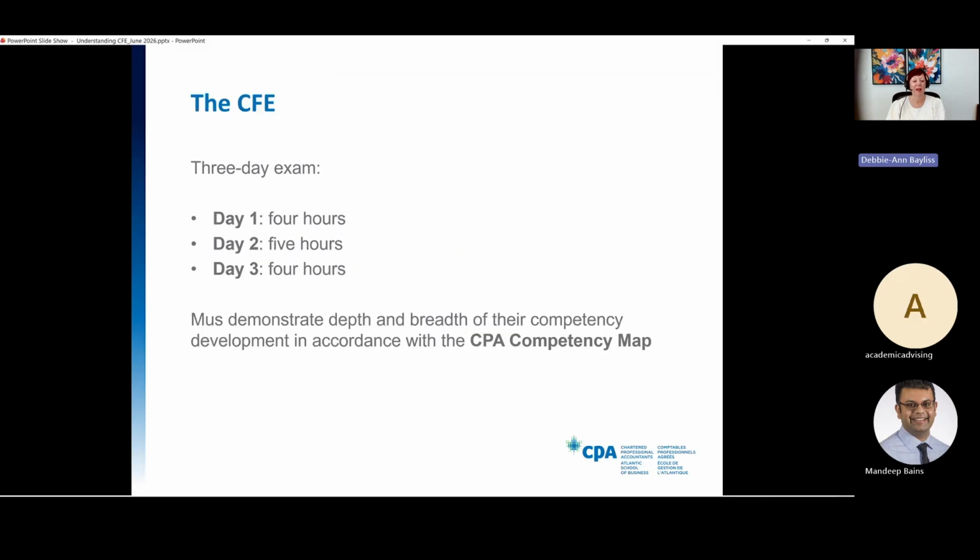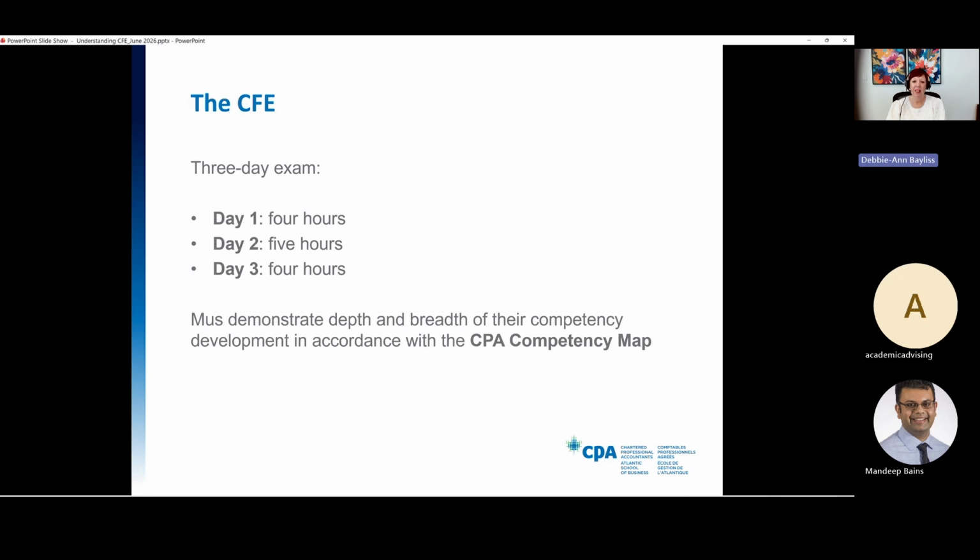As you are aware, CFE is a 3-day exam. Day 1 is 4 hours, day 2 is 5 hours, and day 3 is 4 hours. Throughout that time, you're being tested on your ability to meet the depth requirements, that's the level of detail, and the breadth requirements. From a quantitative perspective, that's the number of correct inputs based on the case facts provided.